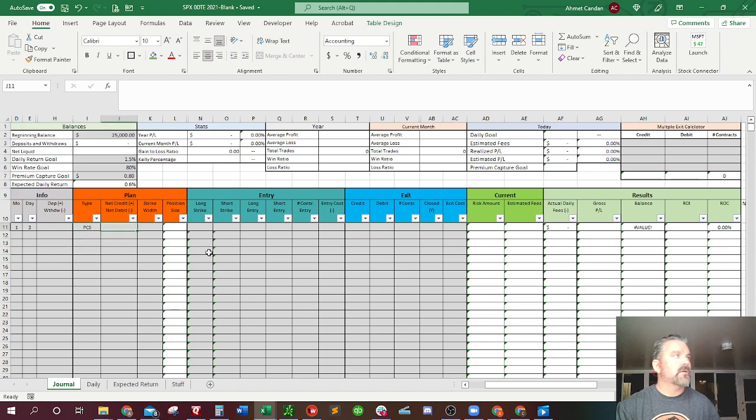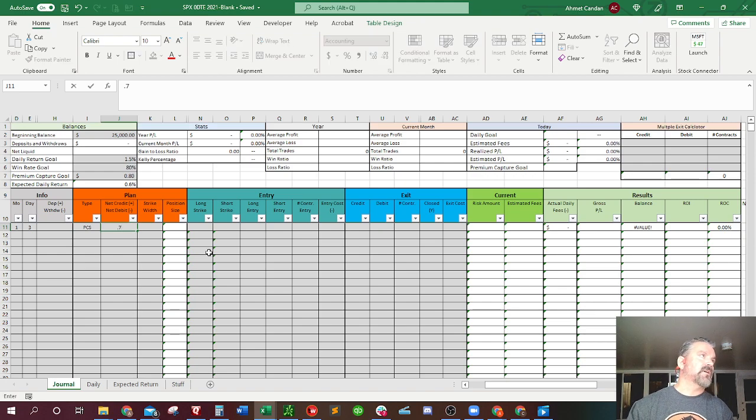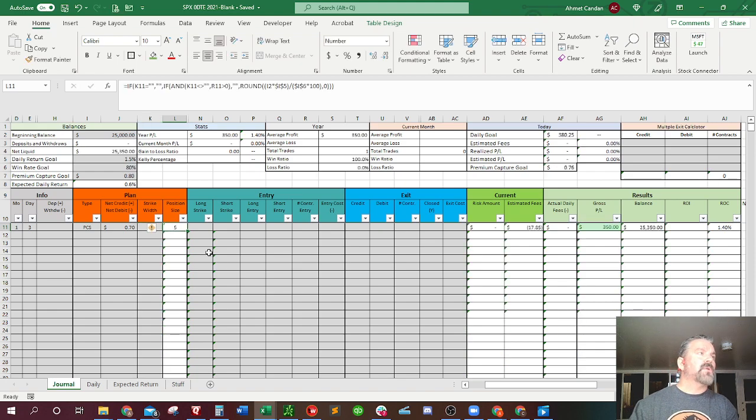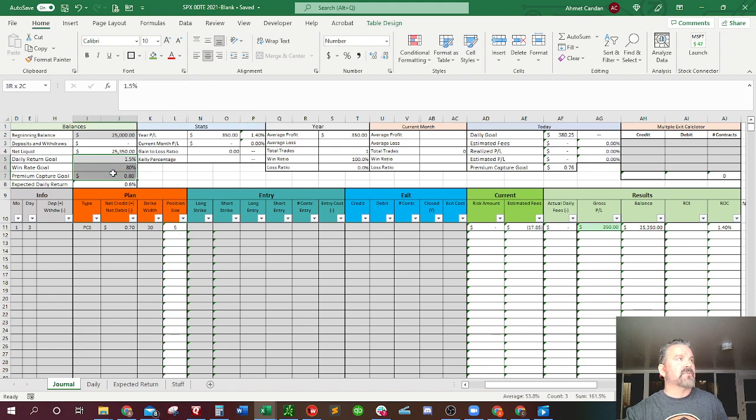So let's say, for instance, on this date, during the planning phase, I think I can get 70 cents for a 30 wide strike. Now what will happen is it's going to suggest a position size. Now, this is where these numbers become important, because as we discussed earlier, I'm trying to get a daily return of 1.5%.